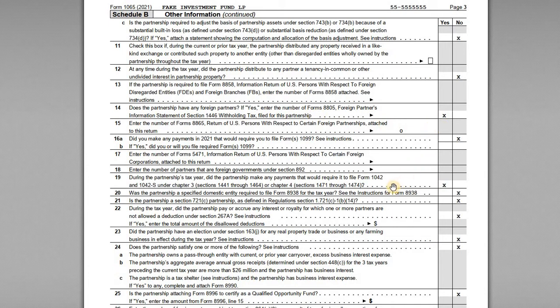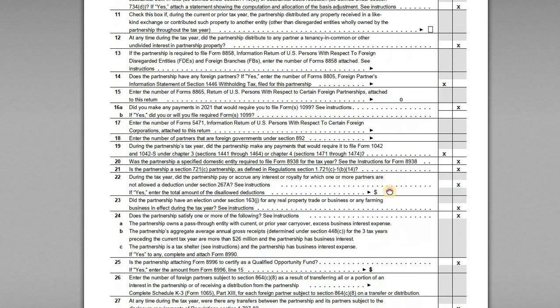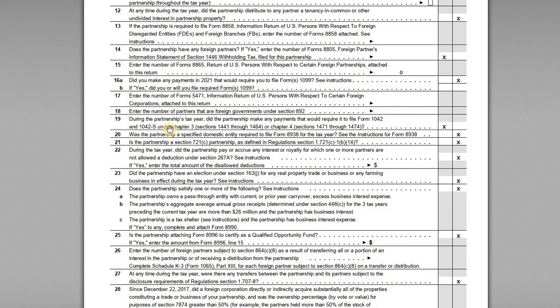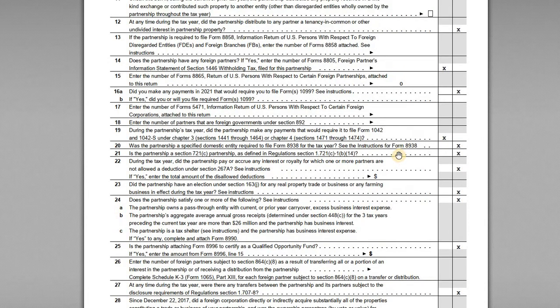We do have withholding. We do have Chapter 3 withholding on U.S. source dividends being allocated, but that's where the 1042s come in. And so that is question 19 down here, right? So during the year, did the partnership make any payments that would have required it to file 1042s? The answer is yes. Right, we have Chapter 3 withholding here on U.S. source dividends allocated to non-residents.